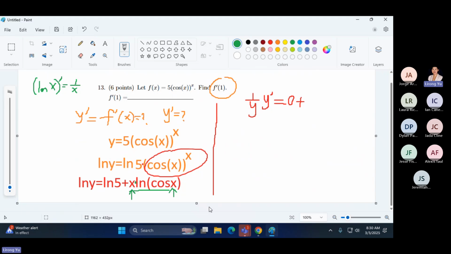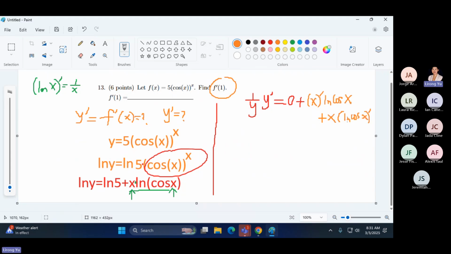If you don't have an x in there, if you have like 5 or 4, then you don't have to worry about the number. So x and then a number is different. This is definitely multiplication. According to the product rule, we differentiate one term, in this case x, and keep the natural log of cosine x, plus, this time we keep the x and find the derivative of natural log of cosine x.